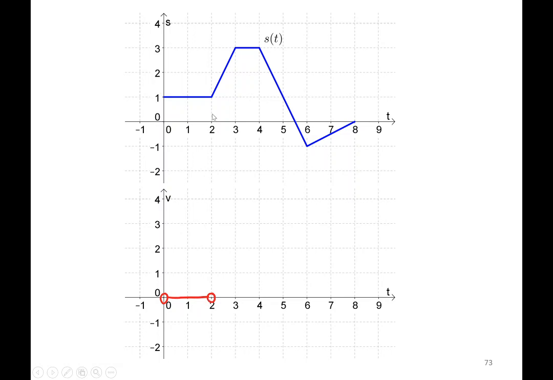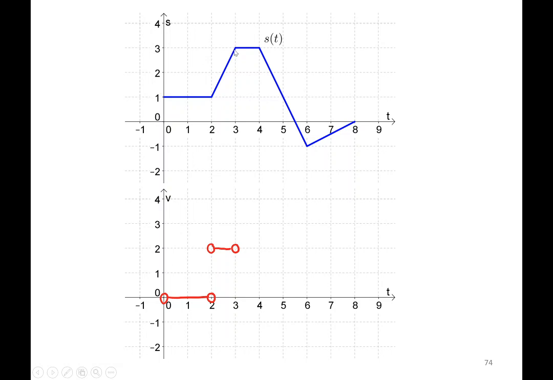What about the velocity of the robot over the interval from 2 to 3? What would that be? If you said 2, you're correct, because the robot is moving positive 2 meters over that 1-second time interval. So that would be 2 meters per second.